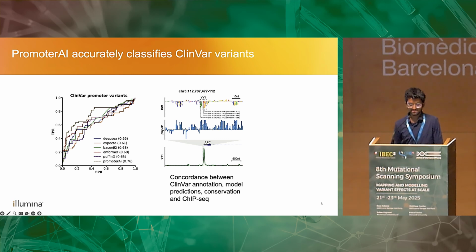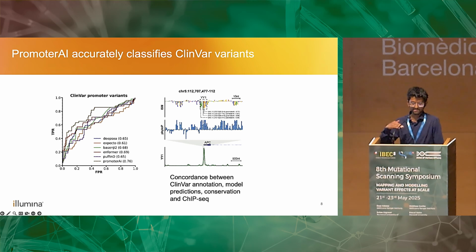And we have a bunch of these examples, like 10 of them or so, and I'm just showing one of these examples. This is the promoter of this APC gene. So you'll see there is a YY1 motif in the promoter, and there are 4 ClinVar annotated pathogenic variants. You see that the model is also thinking that this particular motif is extremely important, and mutations in these motifs can create underexpression. You can also see that conservation checks out really well with the motif.